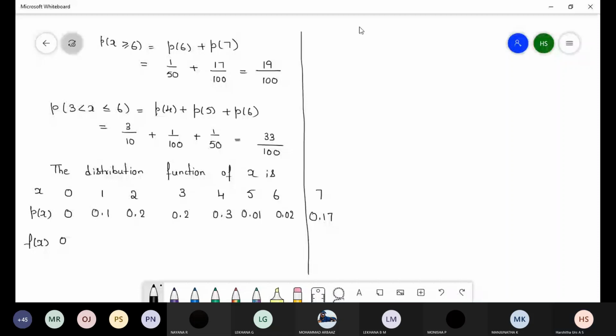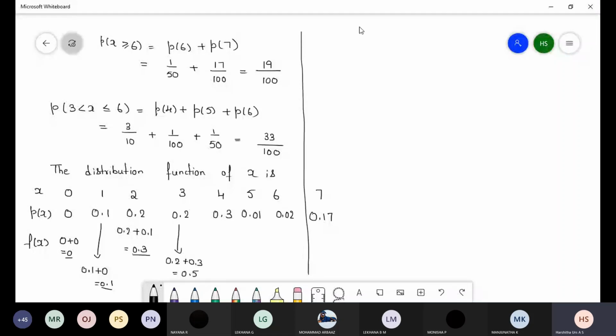Next 0.2, p of x plus new value 0.1, this is 0.3. Next p of x plus new value 0.3, that is 0.5.